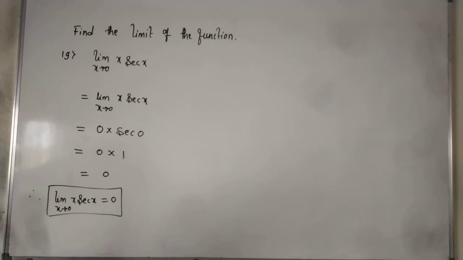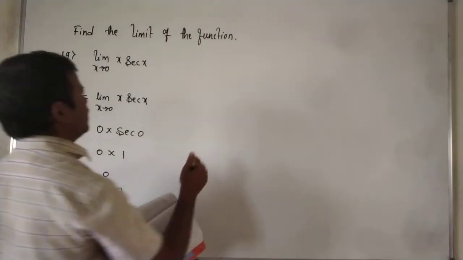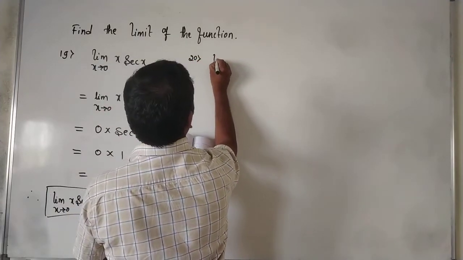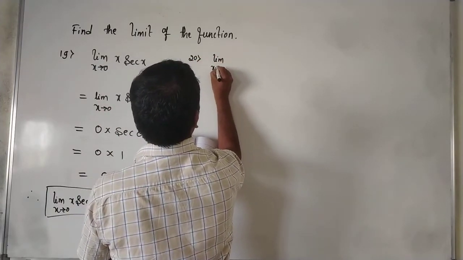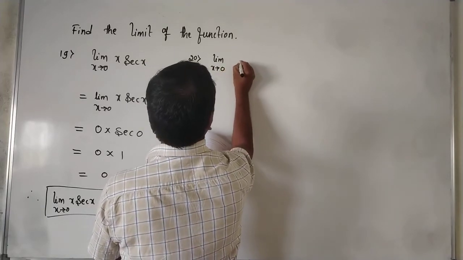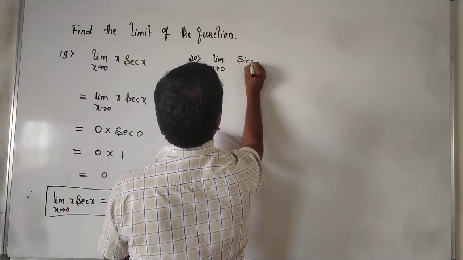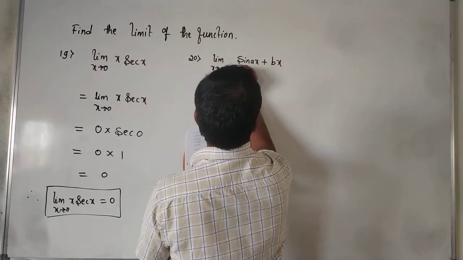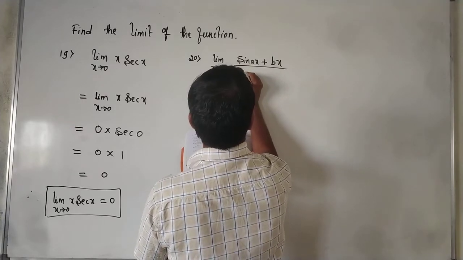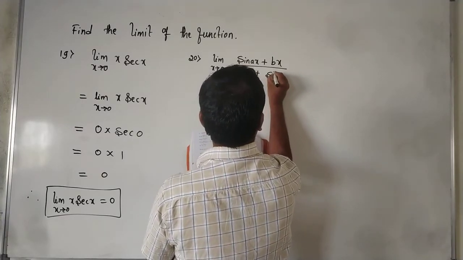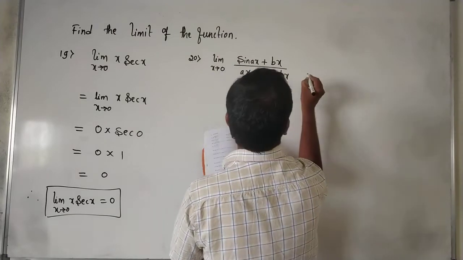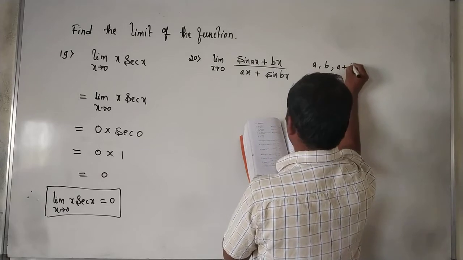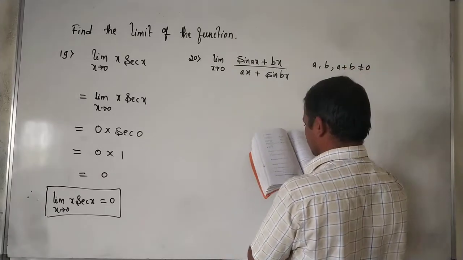Next we move to another problem, that is the 20th problem. That is the limit as x tends to 0 of sin ax plus bx divided by ax plus sin bx, where a plus b is not equal to 0.